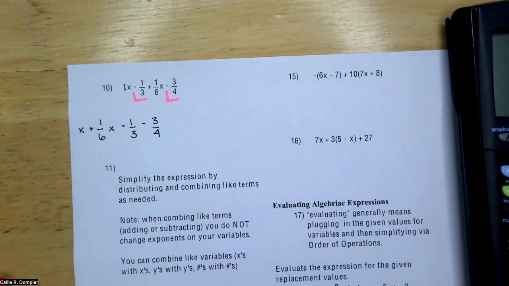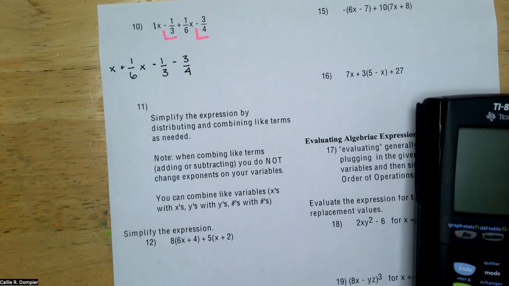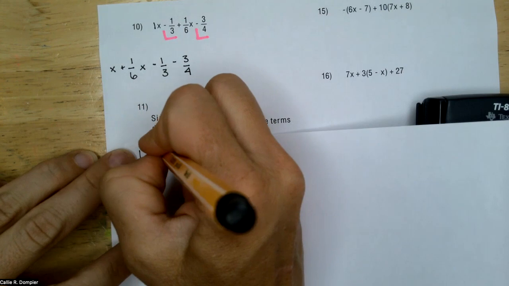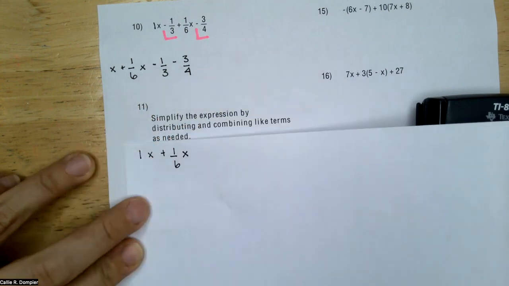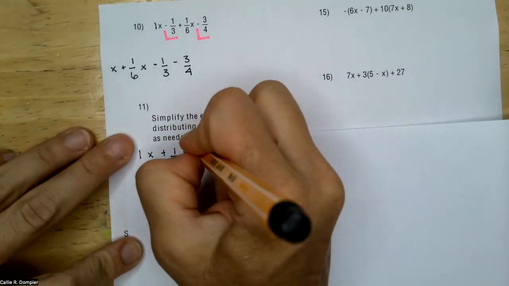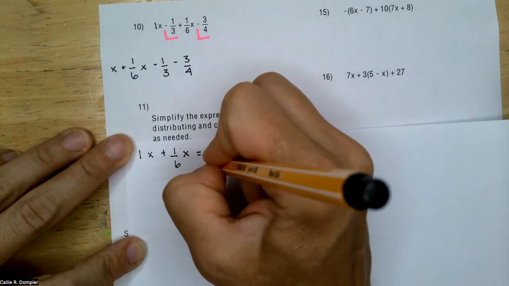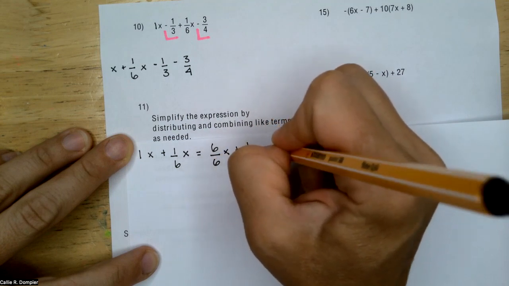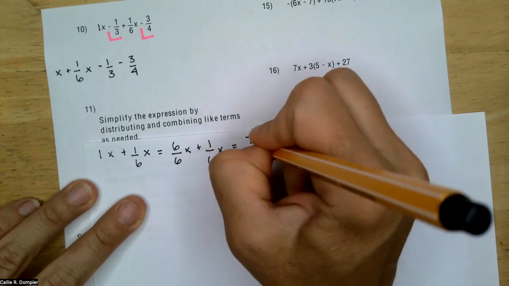So we have 1x plus 1/6x. Good. I might need a different piece of paper. So I have 1x plus 1/6x. Change those both to the least common denominator, which will be 6. So that will be 6/6x plus 1/6x. Does that make sense? 6 plus 1/6 is 7/6x.